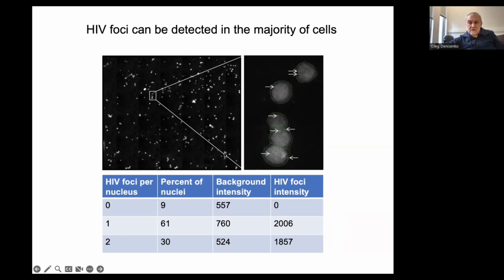Analysis of hundreds of cells show that at least 90% of cells reveal HIV EVA signal. And the majority of cells had 1 dot per nucleus, and about half of that number had 2 dots per nucleus. And the 2 dots correspond to cells in the process of mitosis. And the intensity of HIV signal was pretty high compared to background.